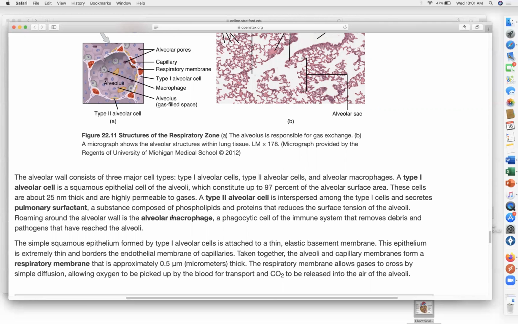There are also alveolar macrophages, part of our immune system. They're phagocytic cells that eat up, phago, to eat. So they eat cells that don't belong there. You can see how bad an autoimmune disease would be, because then they can't tell, and they start eating up lung tissue and things they shouldn't eat.